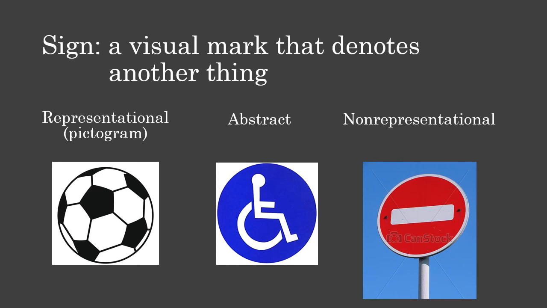There are many fewer signs that fall into that non-representational category because they really need text or words to go with the sign to help the viewer understand what the sign is trying to tell them. So that's the difference between signs and symbols.